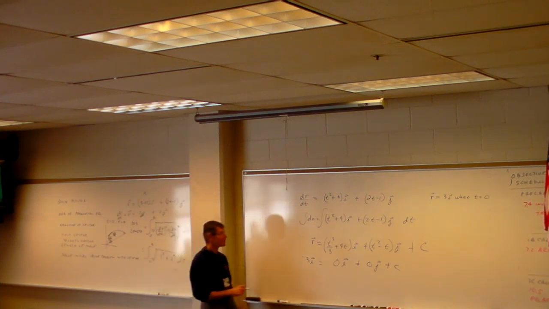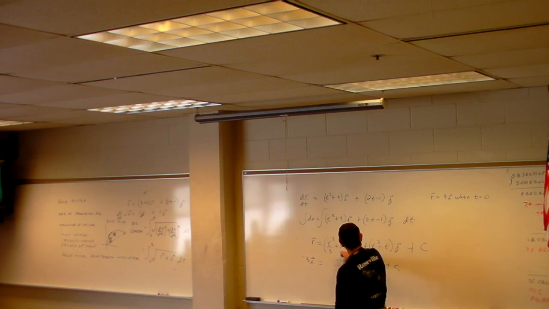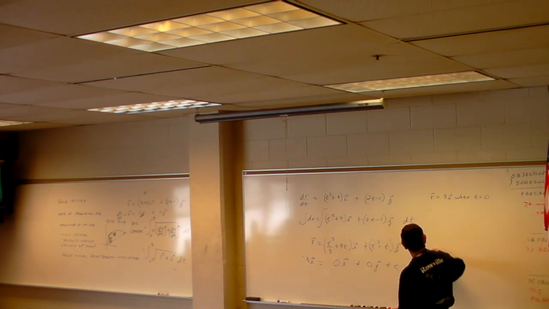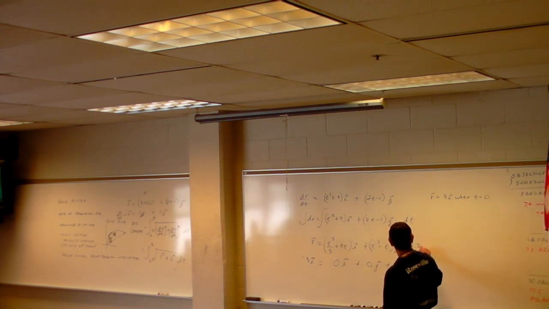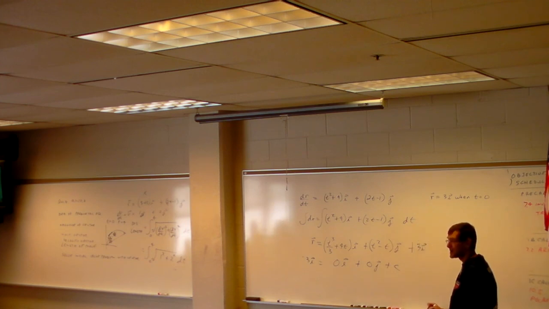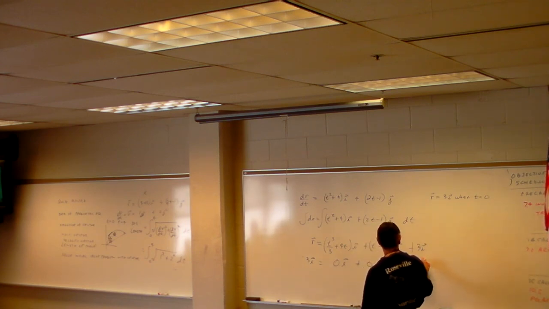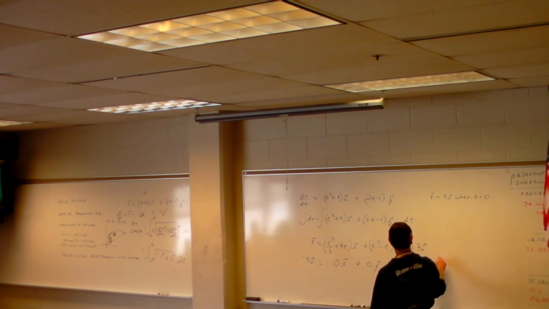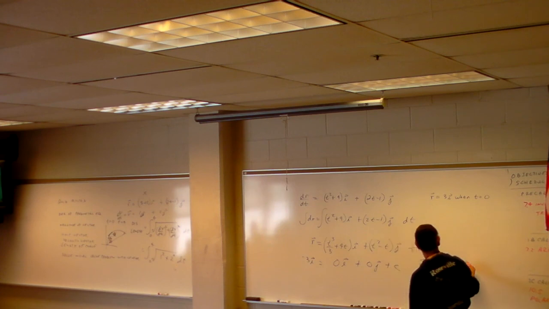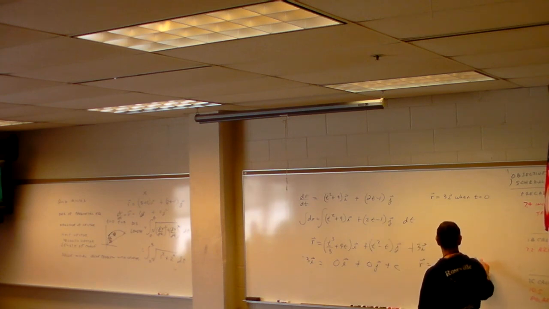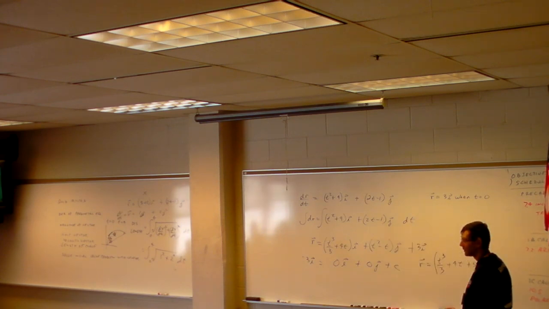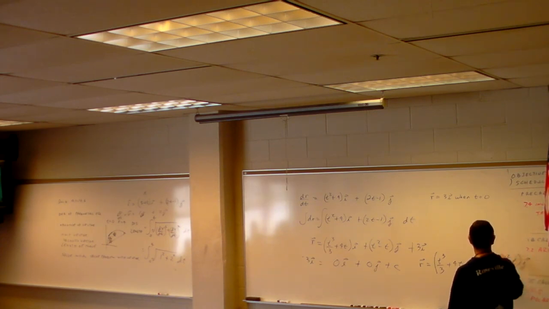So then the equation would be this one here plus c, and so you put a 3i there. And so then technically you'd say vector r is (t cubed over 3 plus 4t plus 3) i, plus the j vector, (t squared minus t) j.